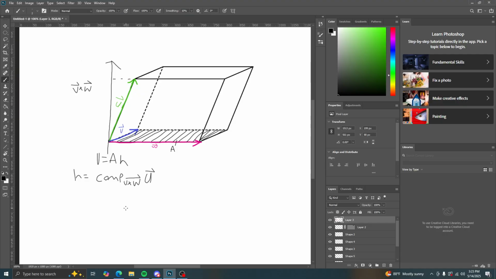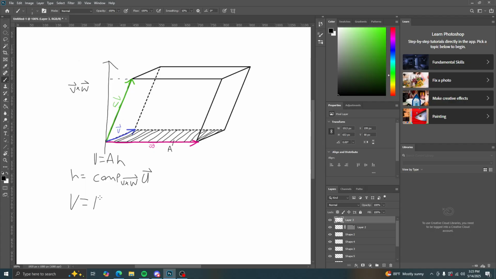Now we have that the volume is equal to the area, which if you remember is the magnitude of the cross product of v and w, multiplied by the scalar projection of u onto the cross product of v and w.